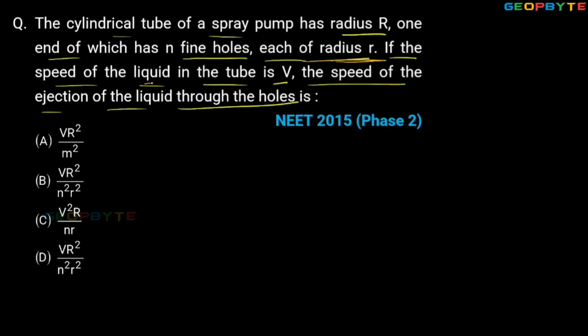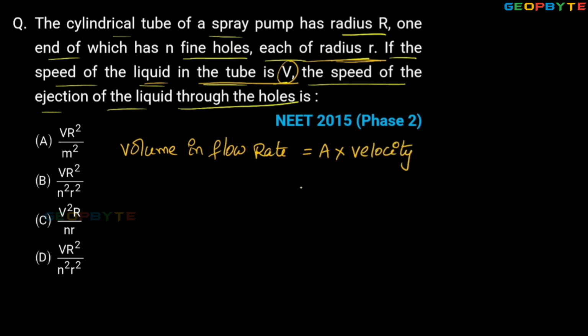The speed of the liquid in the tube is capital V. Then the volume inflow rate is equal to area multiplied by velocity. Area pi into capital R square into velocity V.